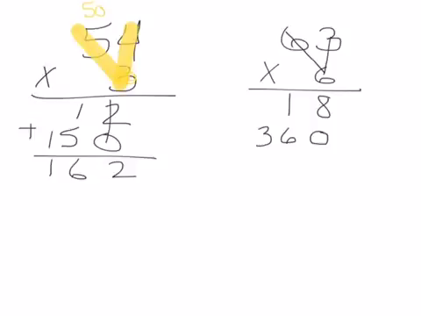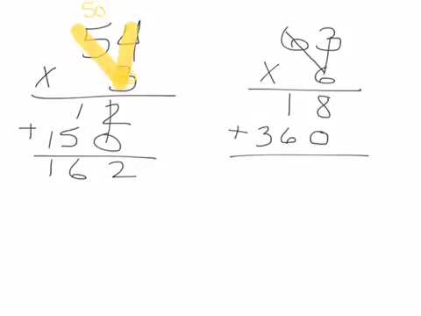Close. 360, right? Okay, so now do I have any more numbers left to multiply? Nope. So what do I need to do now? What do I do next, Kira? You add them together.